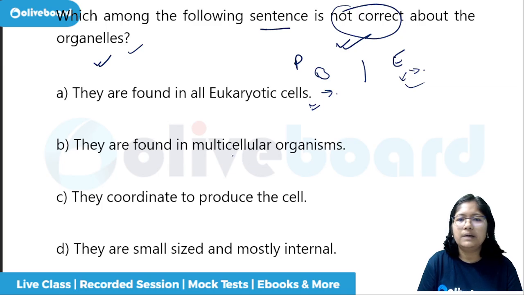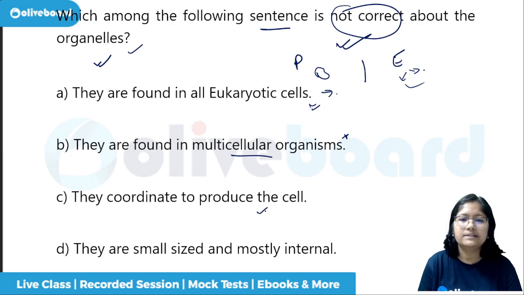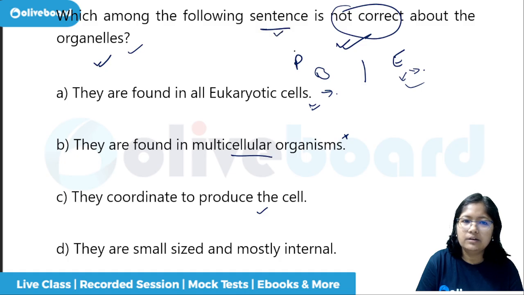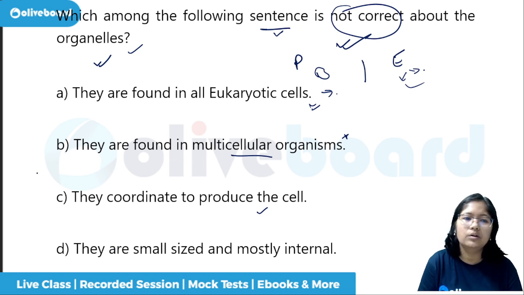They are found in multicellular organisms, or they are not found. Let us see. They coordinate to produce the cell. Will they coordinate to make the cell? Yes, they will coordinate to make the cell. So this is also correct because all cells exist from pre-existing cells and all the cell organelles collectively will make the cell.